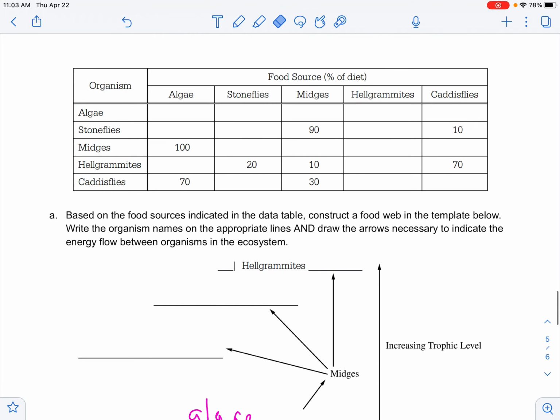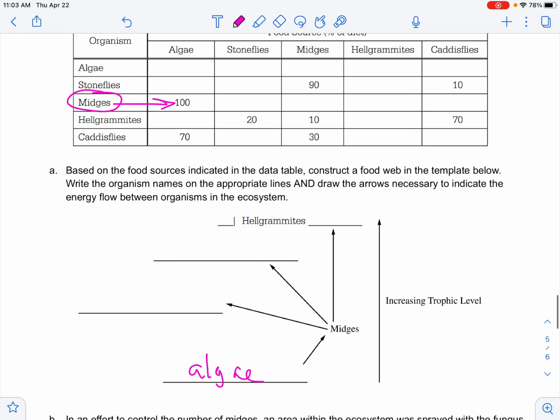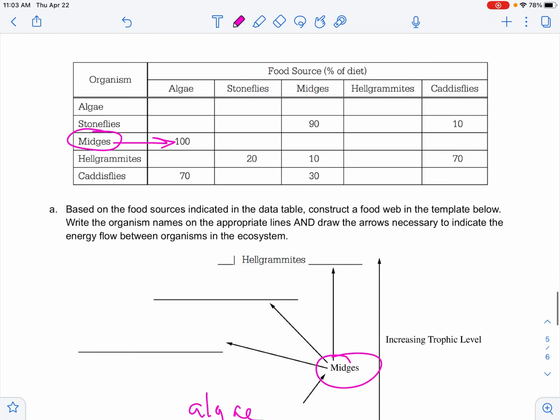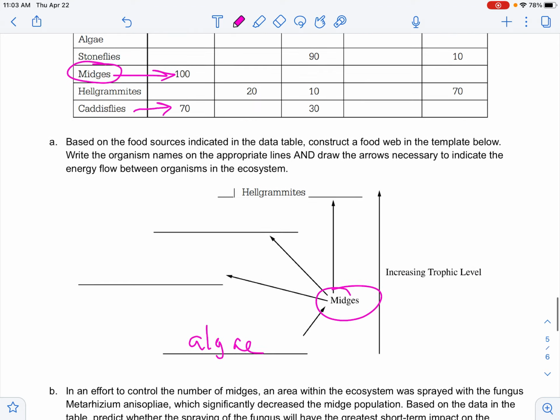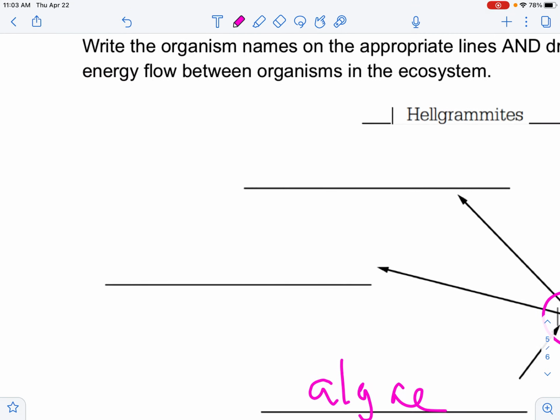That would be midges, because midges eat algae, and that's it. That's already done for you. But caddisflies also eat algae. They also eat midges, but because they also eat algae, they're going to be pretty close to that.